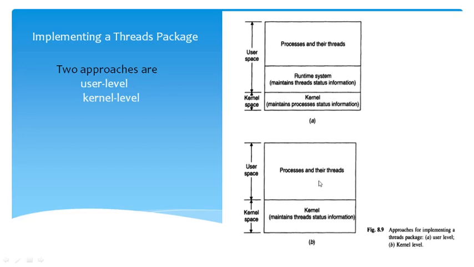So the existence of threads is known here, and the kernel can know how many threads there are, and it uses single level scheduling. In the user level approach, the runtime system maintains the threads status information and takes care of a process divided into multiple threads, but here the kernel takes care of the thread status information.